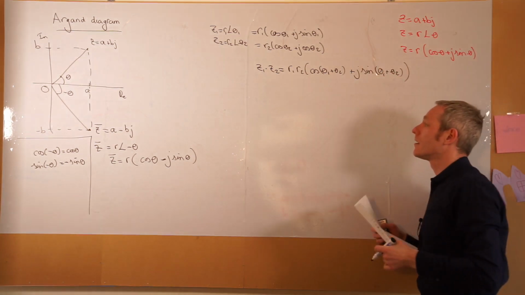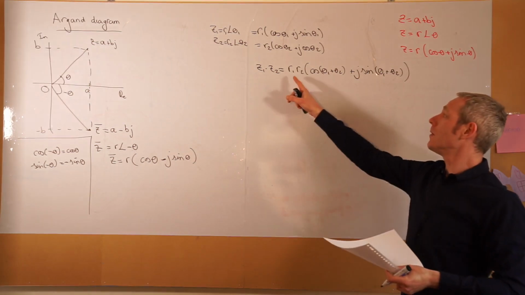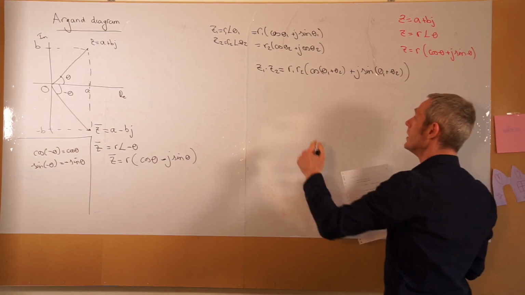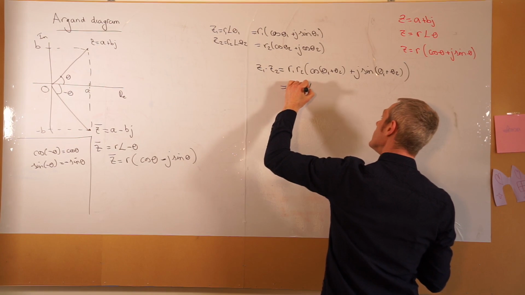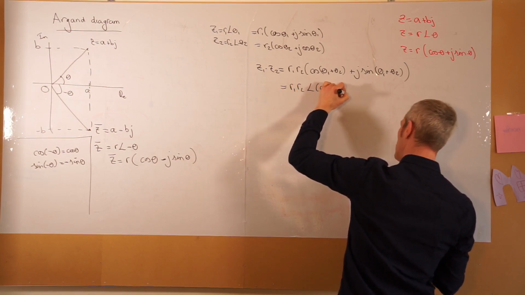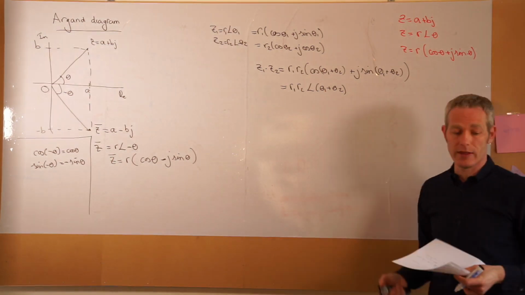And we see that when we multiply two complex numbers with each other, we multiply the moduli and we add the angles. So this will be r1 r2 with angle theta 1 plus theta 2. The details of this are in the book.